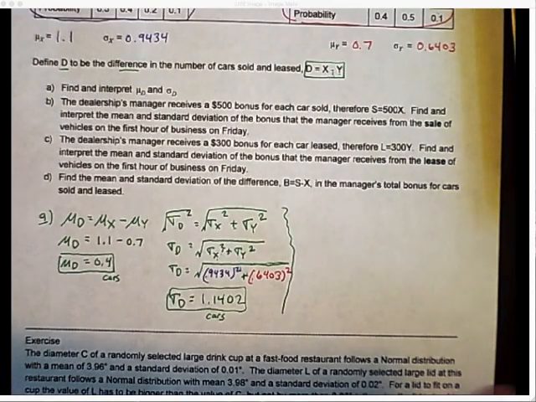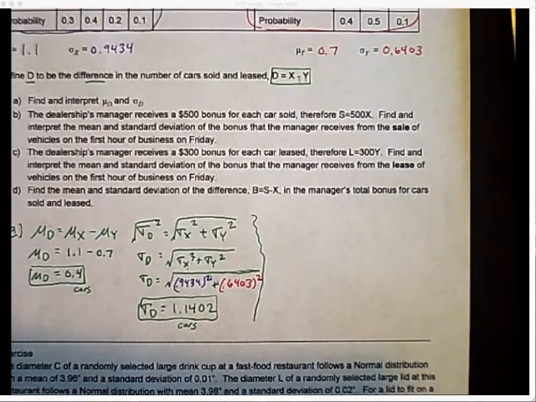Part B. It says the dealership's manager receives a $500 bonus for each car sold. Therefore, S equals 500x. Find and interpret the mean and standard deviation of the bonus that the manager receives from the sale of vehicles on the first hour of business on Friday.